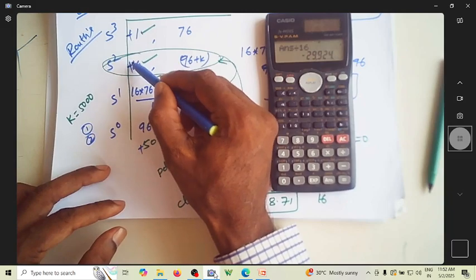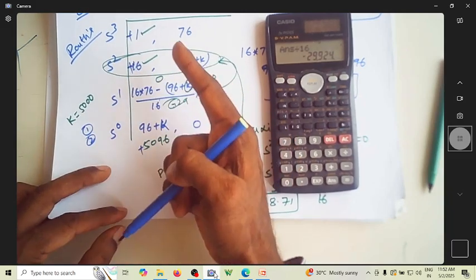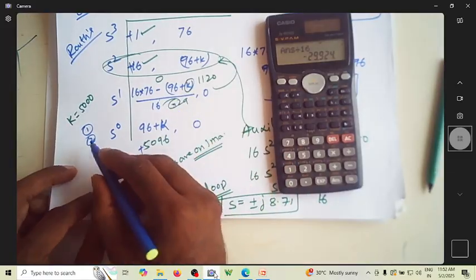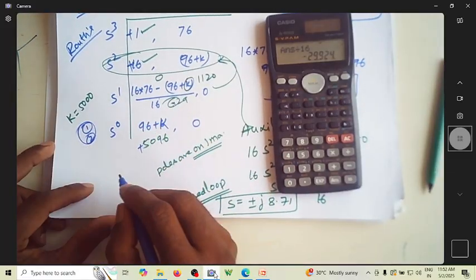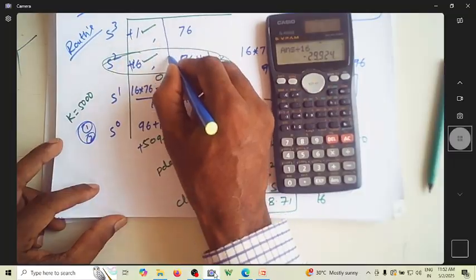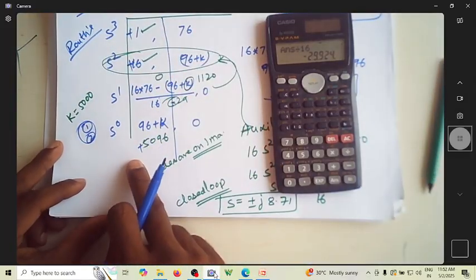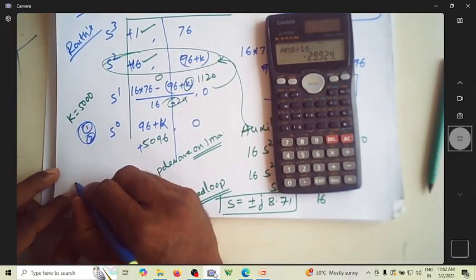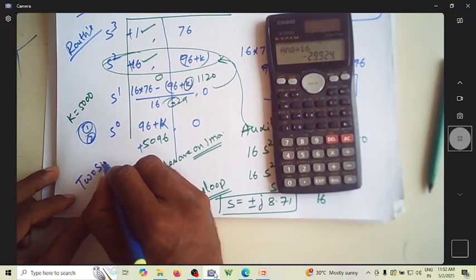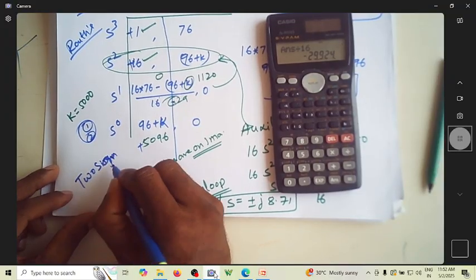So plus to plus, no sign change; plus to minus, one sign change; minus to plus, another sign change. You have two sign changes in the first column of your Routh array, from s^3 to s^0. So how many sign changes? There are two sign changes.